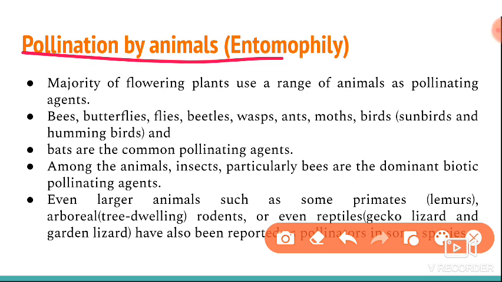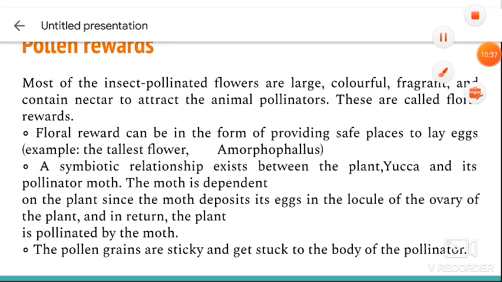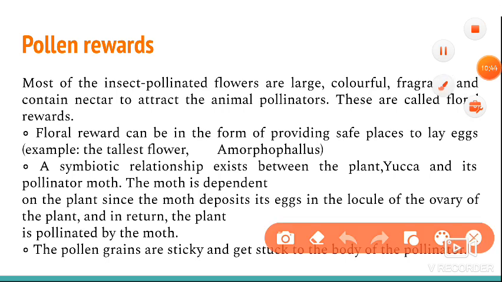For that, it should have some adaptations. For example, the plant should have big or large flowers. They should be colorful, they should be fragrant, and they should contain nectar.